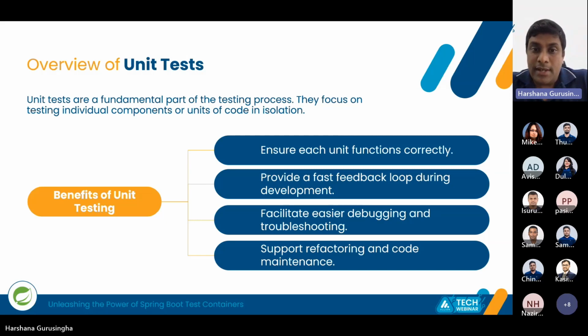Unit tests facilitate easier debugging and troubleshooting. When a unit test fails, it helps pinpoint the exact location of the problem, making it easier to identify the root cause. With a well-designed suite of unit tests, developers can isolate issues more effectively, saving time and effort in the debugging process.